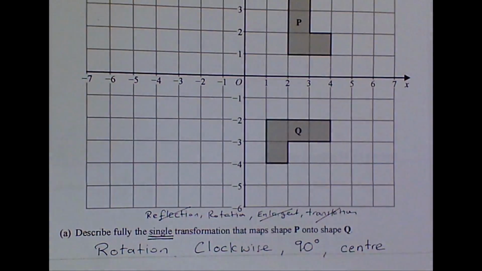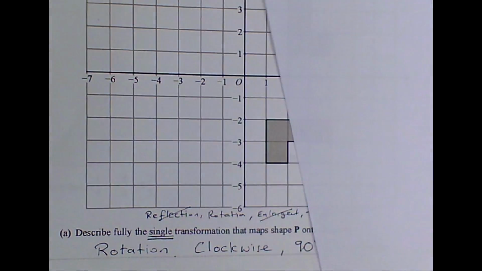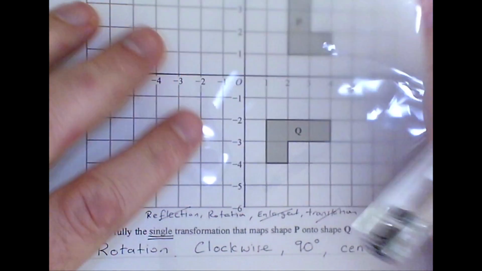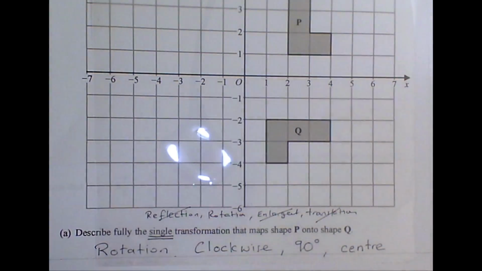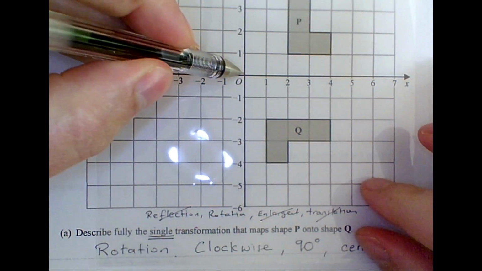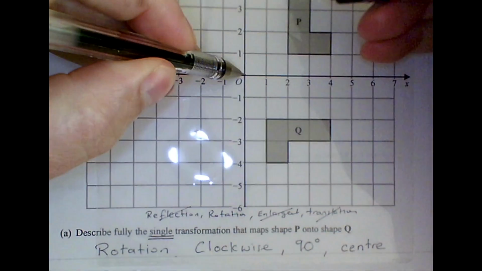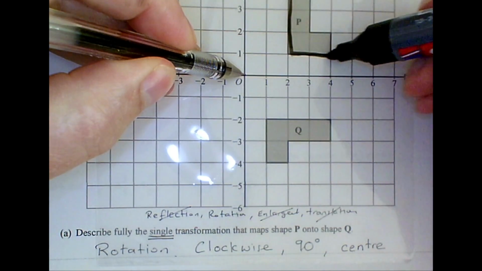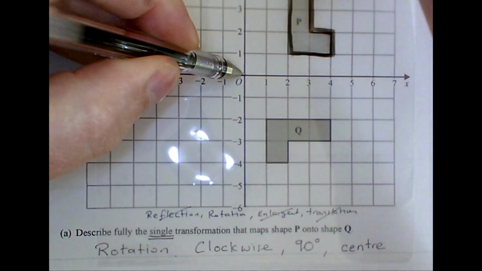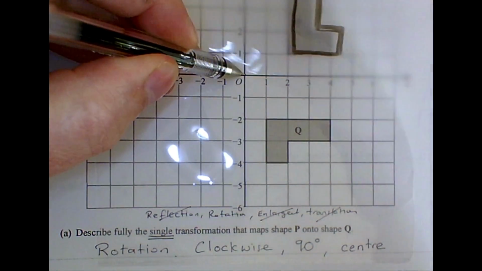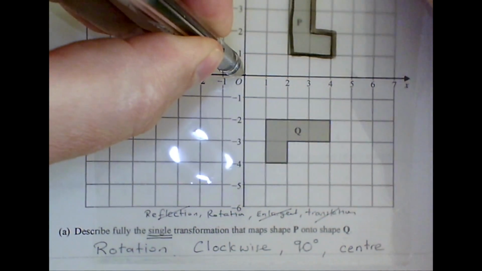So I'm going to use a bit of transparent paper, plastic, and what I'm going to do is draw around my shape P in a marker pen. Okay, and I'm holding where I think the centre might be with my pen at 0, 0, the origin, and I'm going to hold the pen down quite tight and now rotate the paper around gently.